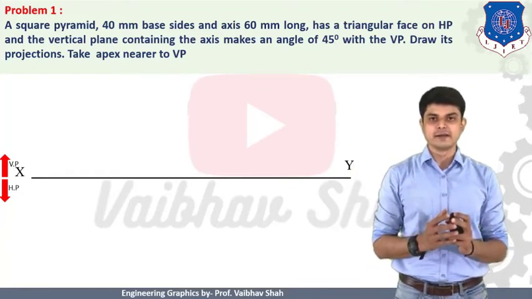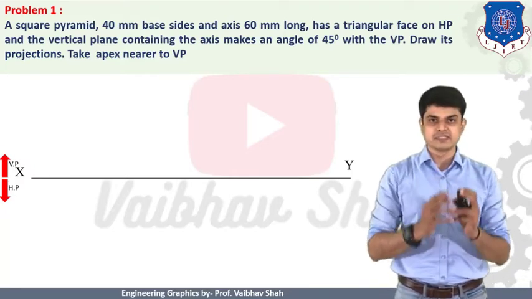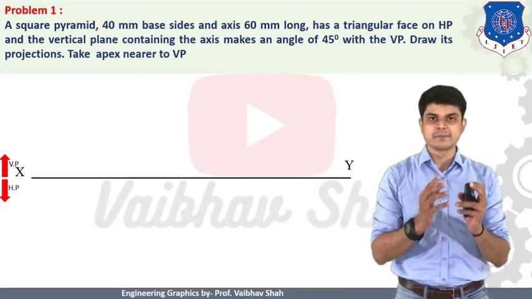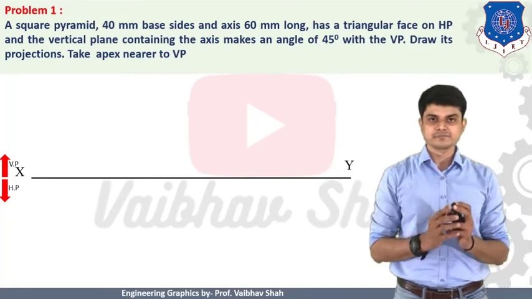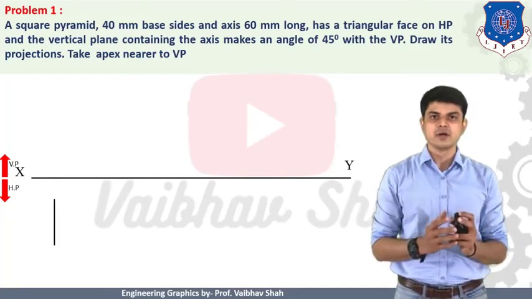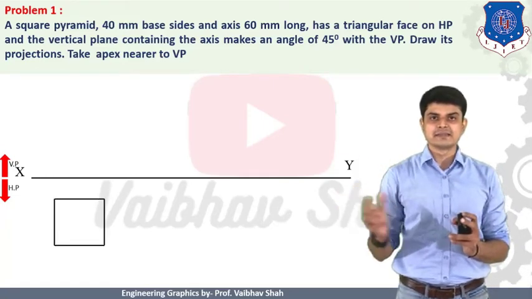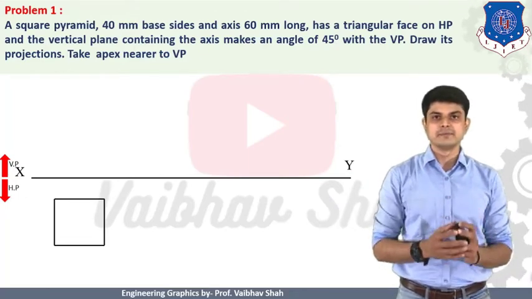Now let us move on. Here, when we say that the triangular face is on HP, that means we should start by drawing a square on HP itself. Why on HP, I will tell you later. Let us first draw one square of 40 mm side base like this. This is the base of the square pyramid.